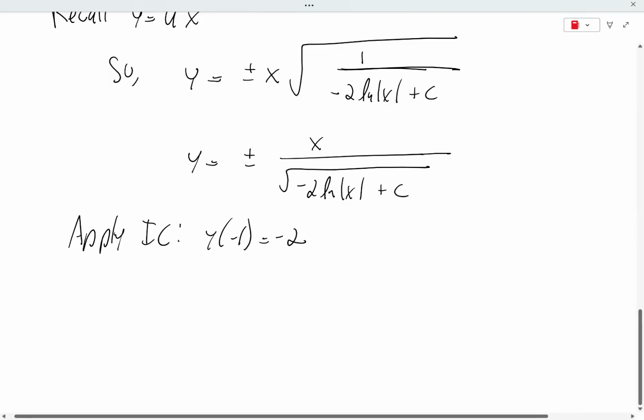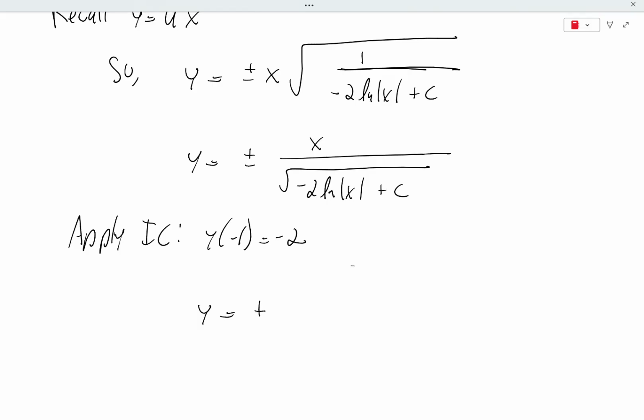Right? Because of the initial condition. So that would be -1 over, yeah, so I'm choosing the plus one here to meet the condition. Okay, so I need to substitute in here then.